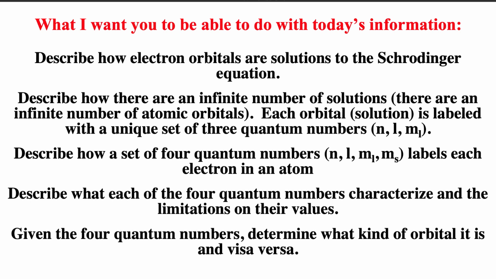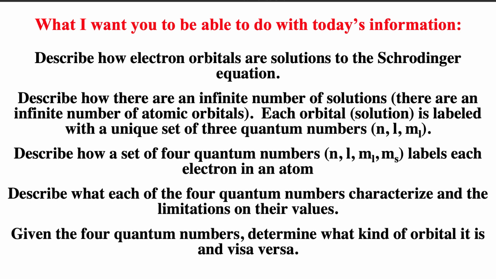After watching this video, you should be able to describe how electron orbitals are solutions to the Schrödinger equation. There's an infinite number of solutions and hence an infinite number of orbitals, but only the lowest energy orbitals are filled, so those are the only ones that matter. Each orbital is labeled with a unique set of 3 quantum numbers: n, l, m sub L. Each electron in an atom has a unique set of 4 quantum numbers: n, l, m sub L, m sub s.